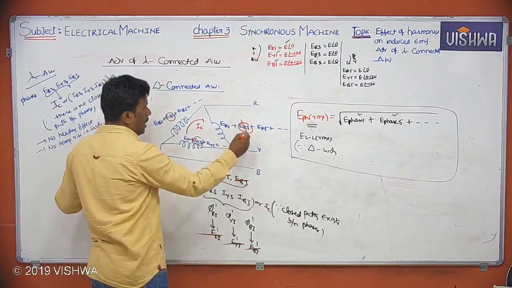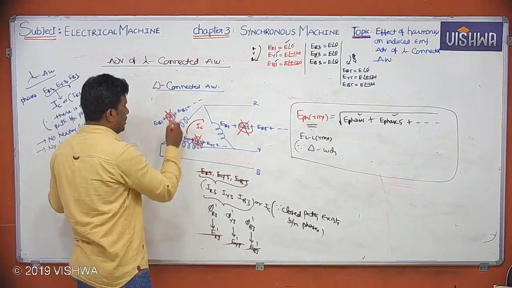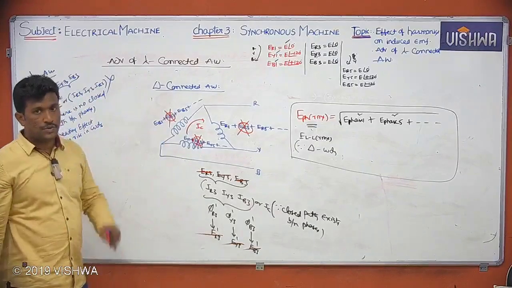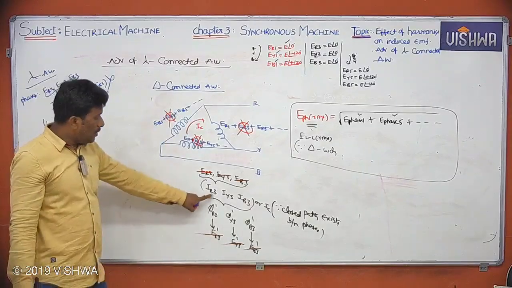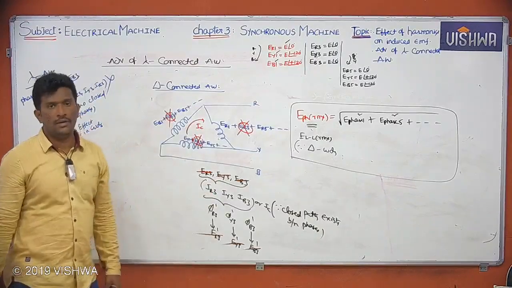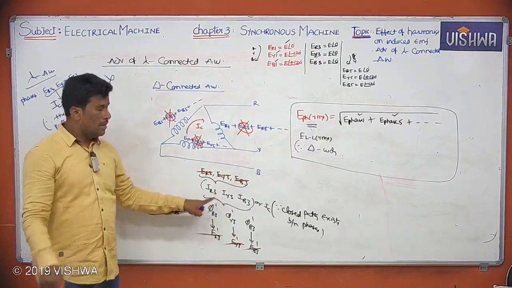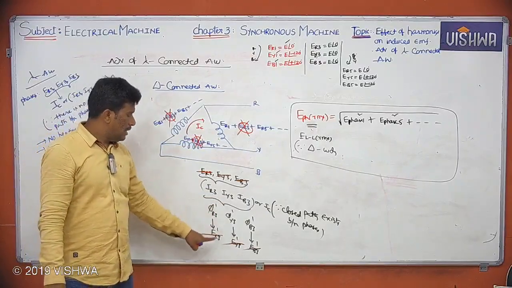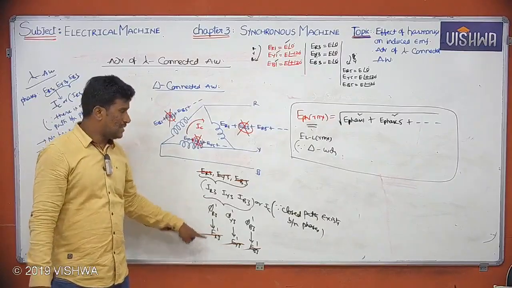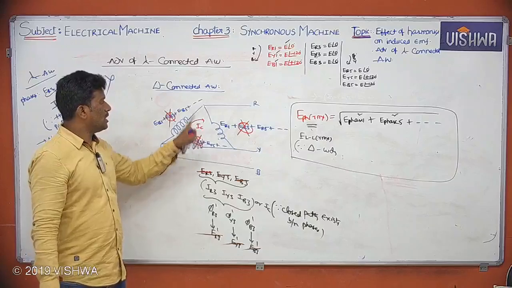Therefore, I will not have any third harmonic voltage in delta connection. Observe clearly: third harmonic currents will be there, but third harmonic EMF will not be there.